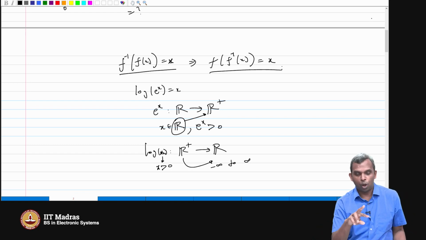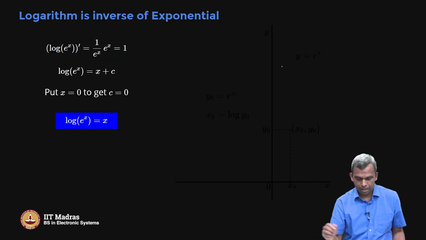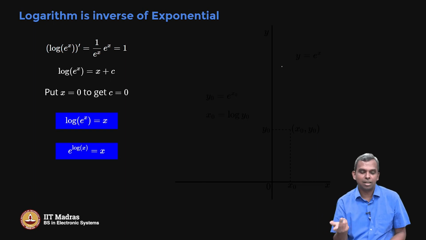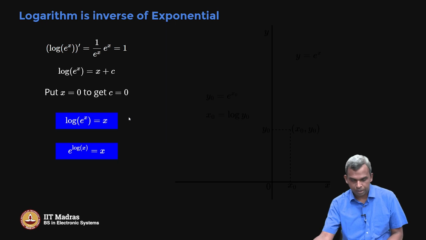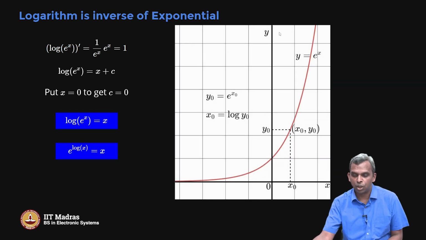So log of e power x is x, and e power log of x will also become x. Both of these are true, and this gives you a picture of e power x. This is y equals e power x in the xy plane. Take an arbitrary point x naught on the x axis; that goes to y naught on the y axis, the point x naught comma y naught.